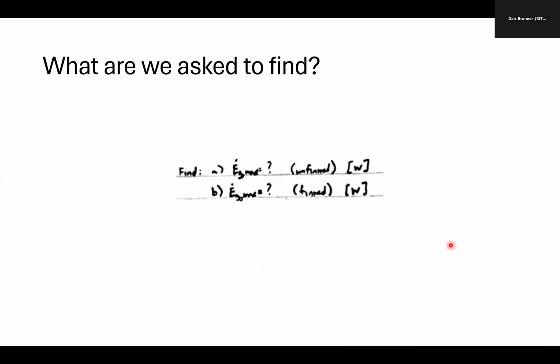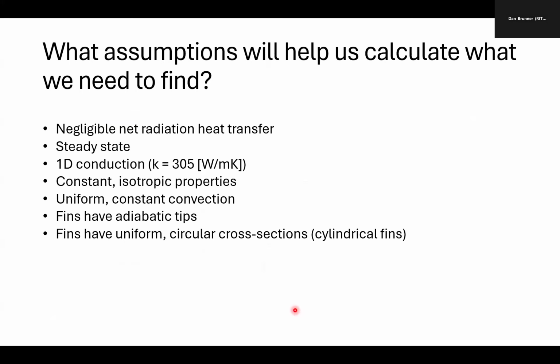Again, we're asked to find the maximum allowable rate of heat generation for an unfinned and then a finned scenario. So what assumptions are we going to make to help us calculate this?